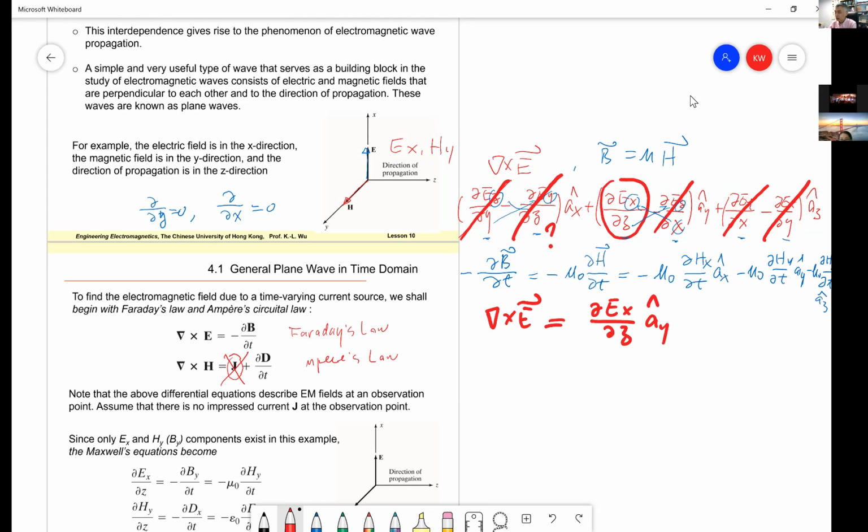All right, okay. So this is some component, the y component. And look at the right-hand side. The y component on the right-hand side is this guy. Therefore we have something partial equal to minus the y component partial t.